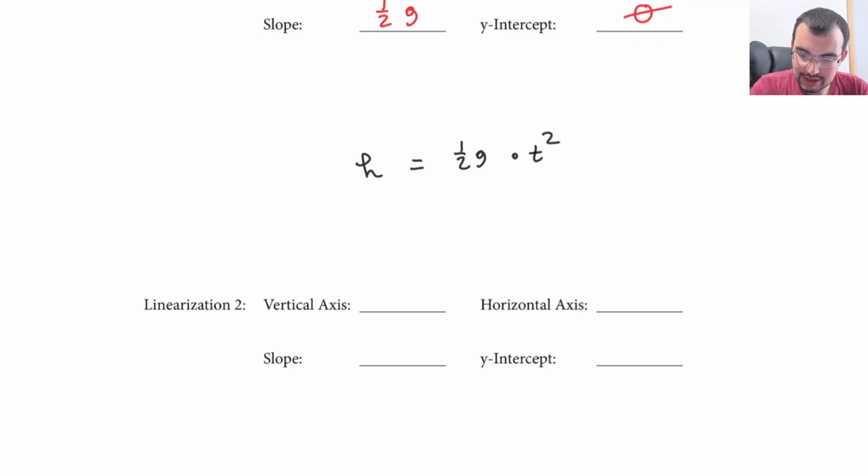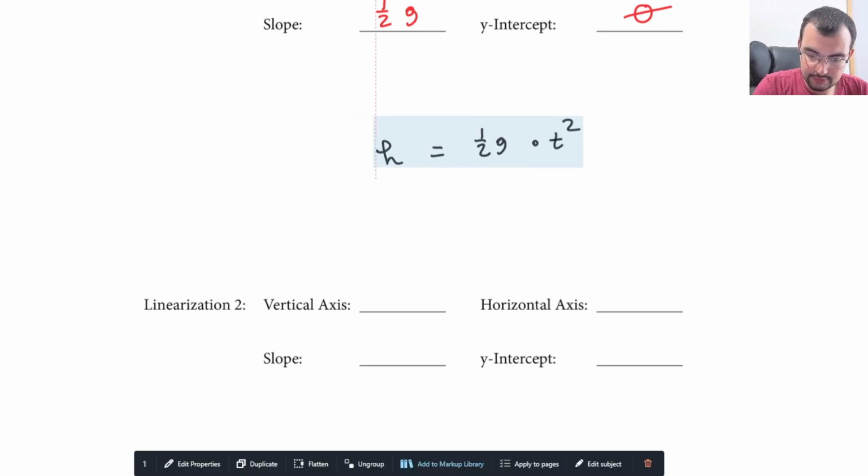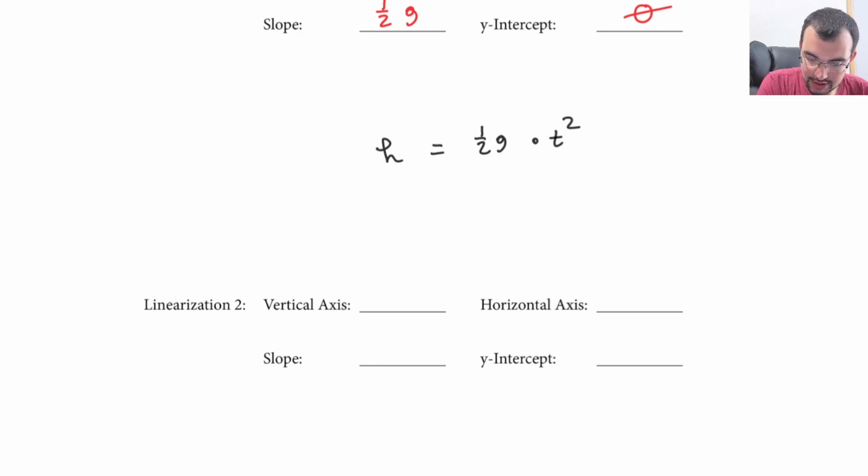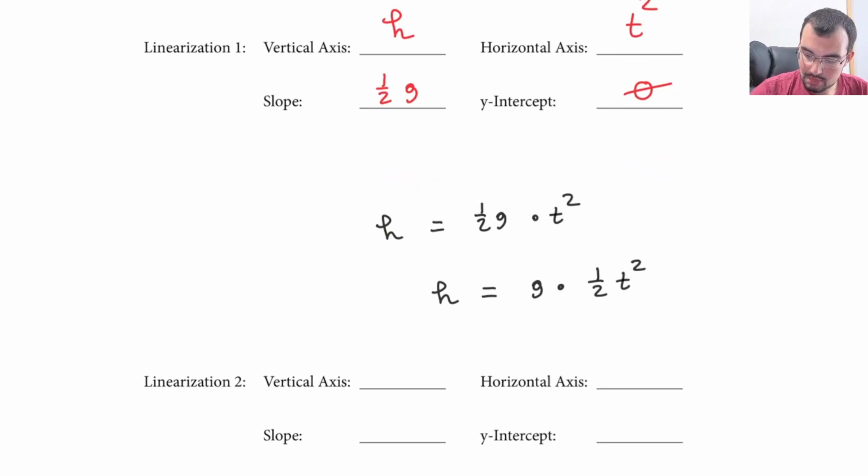Since in multiplication order doesn't matter, I can rearrange some things here and write this as h equals g times 1/2 t squared. And notice now I can box that up, and it just gave me a different choice.